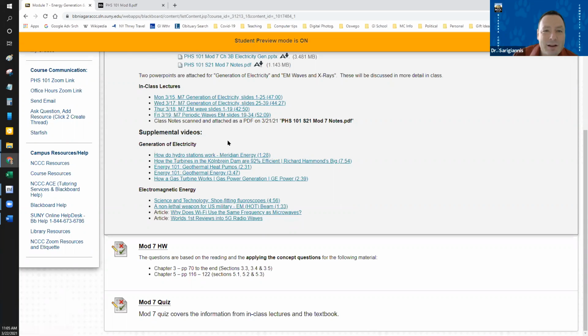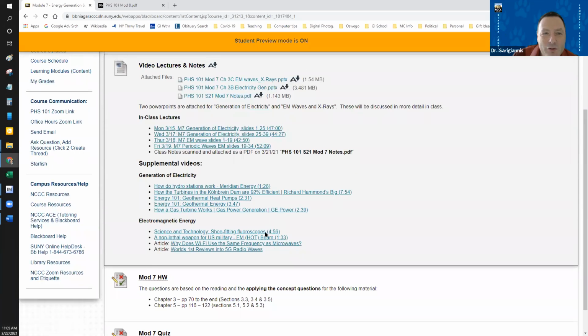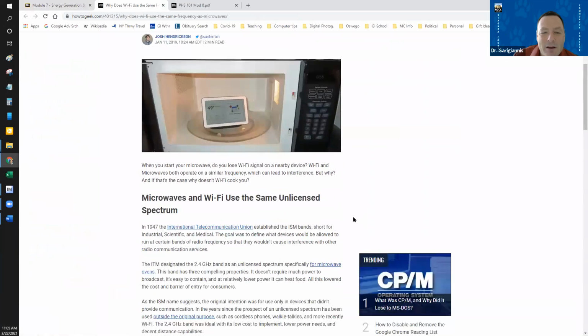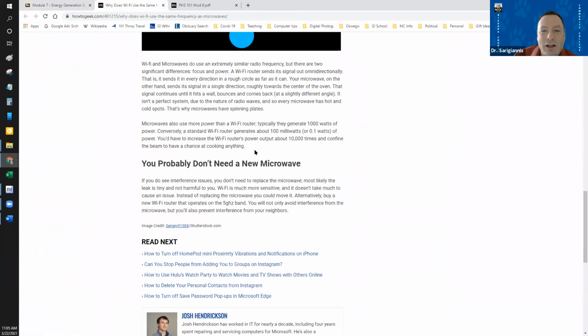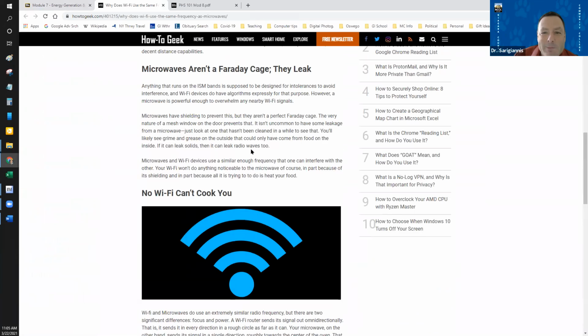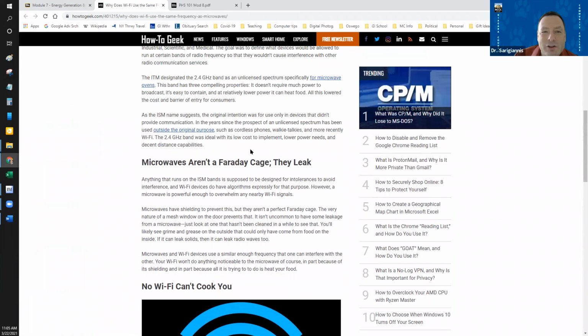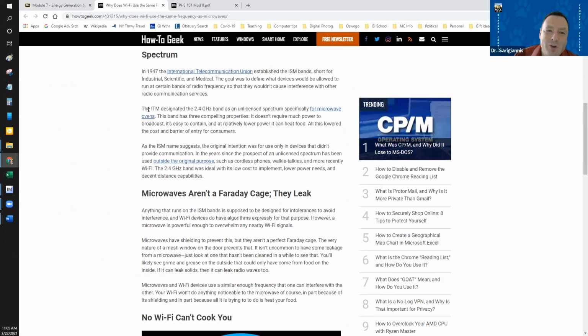If you click this article, it's not that long of a read. One interesting thing is that back in 1947, almost the 50s, they designated the 2.4 gigahertz band as an unlicensed spectrum, specifically for microwave ovens.